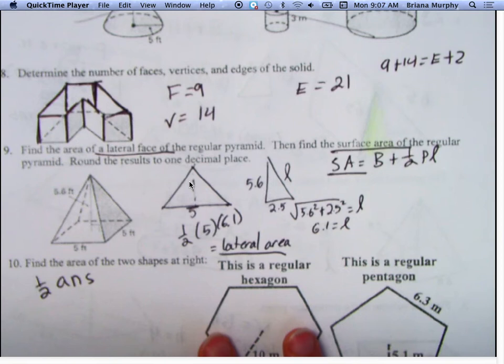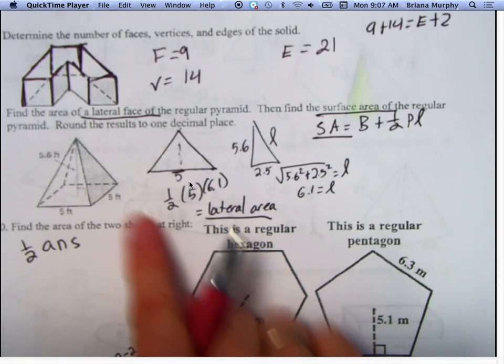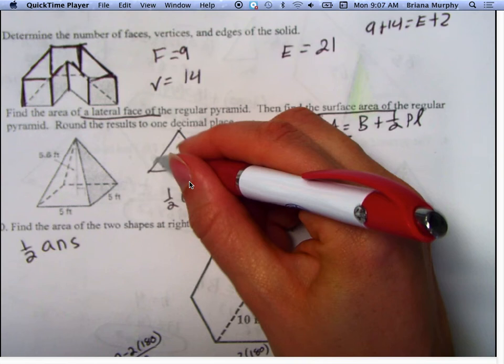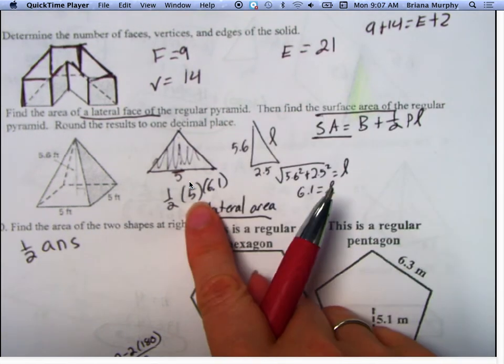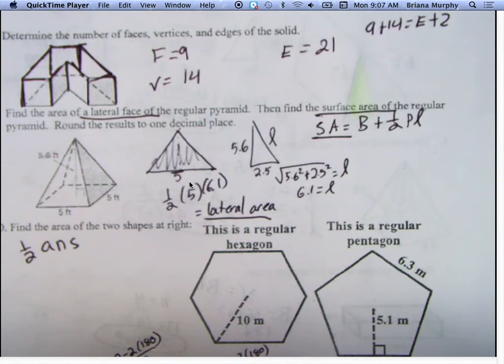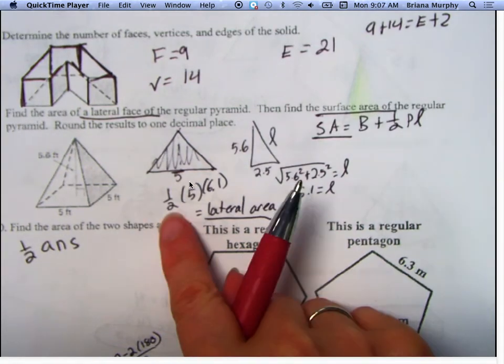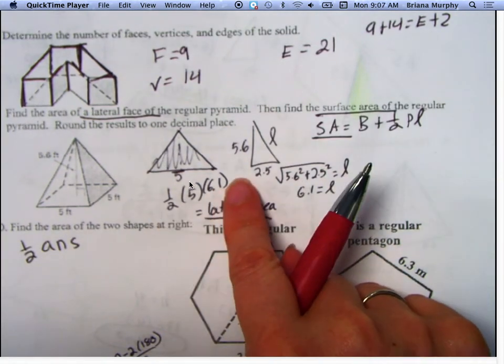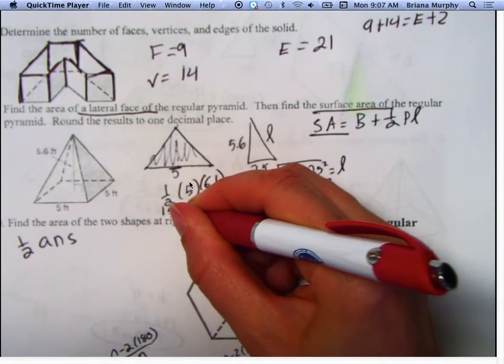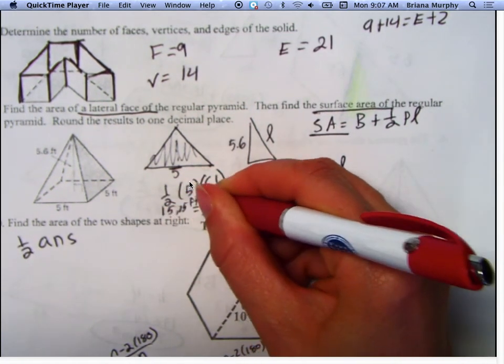Okay, number 9. We talked about the lateral area being just the area of one triangle. In this case, we had to find the slant height in order to find it. Then we did 1/2 times 5 times 6.1, and we found that one lateral surface area is 15.25 feet squared.